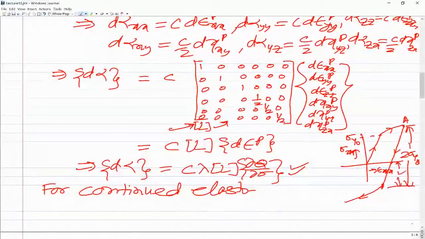So if the material is initially loaded in tension and then in compression, the yielding will take place at a stress magnitude which is lower than the stress at which the yielding started in tension, that is sigma y naught. Now if you look at the yield function, in the yield function we introduce an alpha to actually bring out this effect.